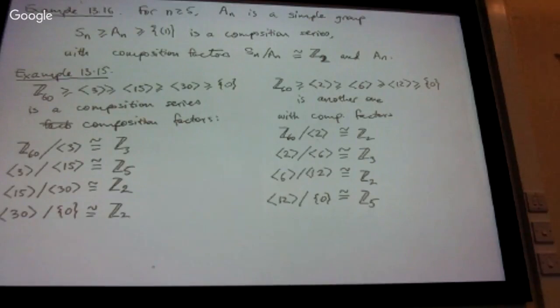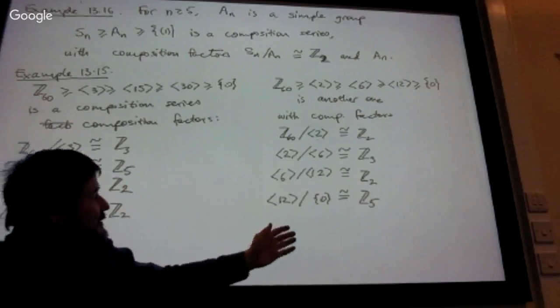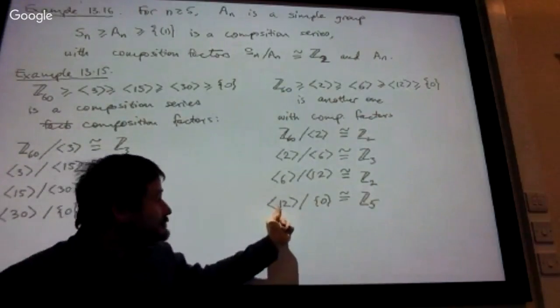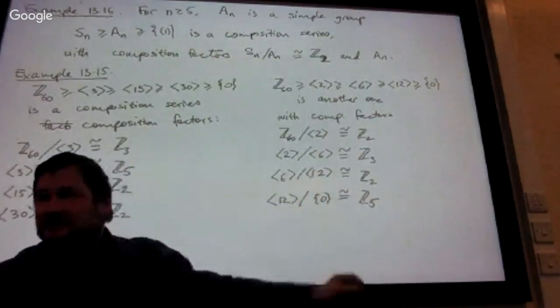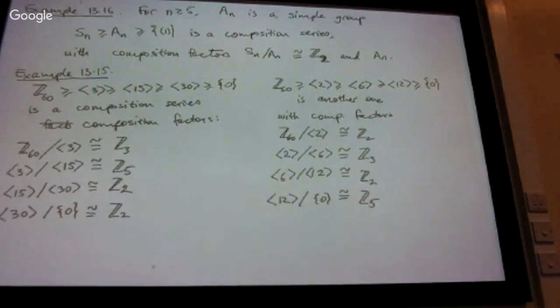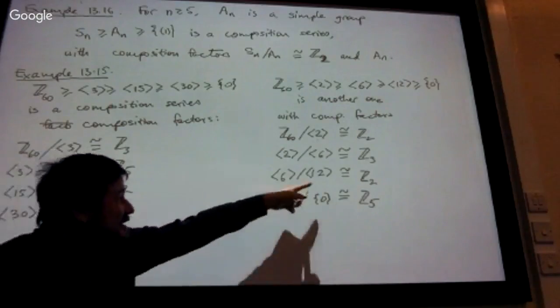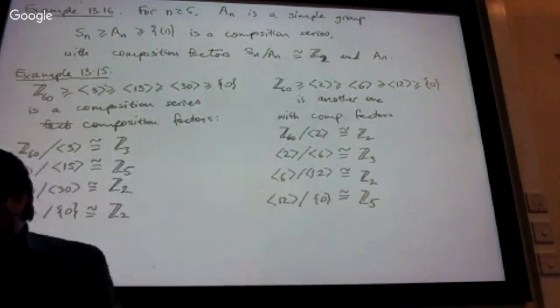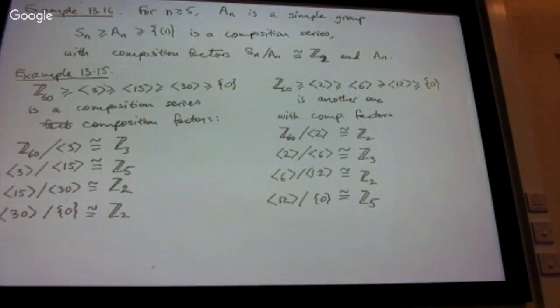Which one? Because how many multiples of 12 are there in Z60? 0, 12, 24, 36, 48. Yeah, so this group has 5 elements, since it's not factored by anything. This one has 5 and this one has 10, and so on. So the indices of the subgroups give you what it is. Okay?